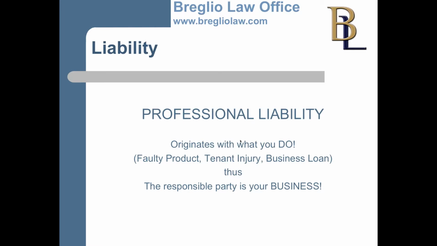So if the responsible party is your business, then only your business assets are at risk. Your personal assets or other businesses that you might own are protected. So professional liability is kind of a containment. And you want to do as much as you can within this business entity so that you can contain all that liability from other assets that you might have.